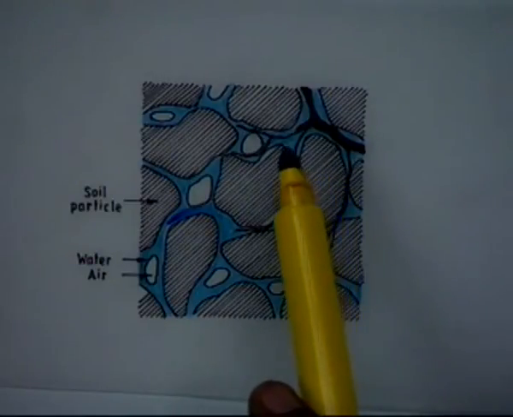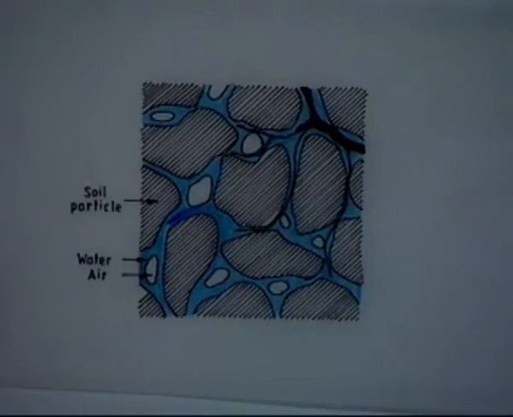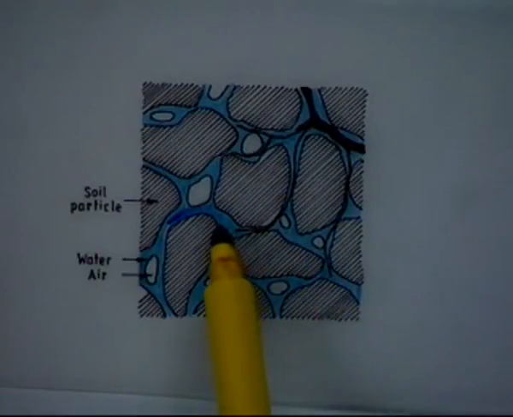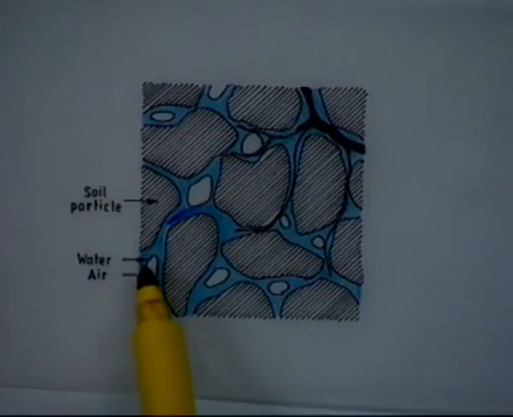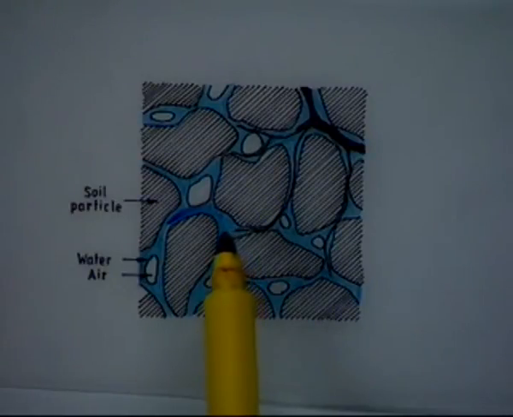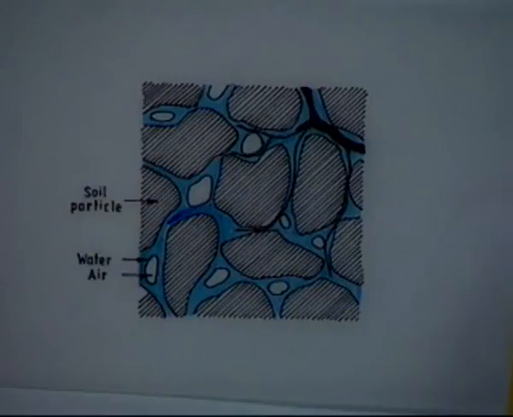But at this juncture, it is also important to understand that this matrix of soil, the way the water and the air is available, and the amount of water which can be made available to the plant root system, there are some other properties which influence that aspect.